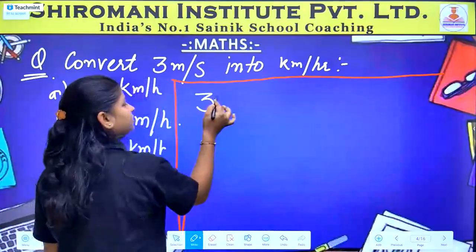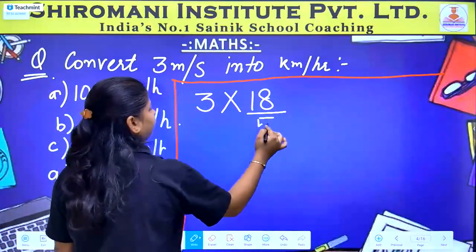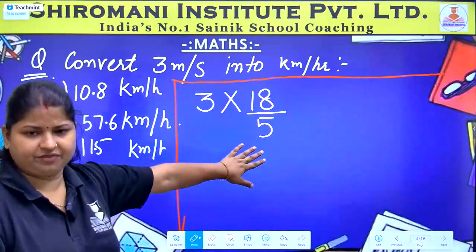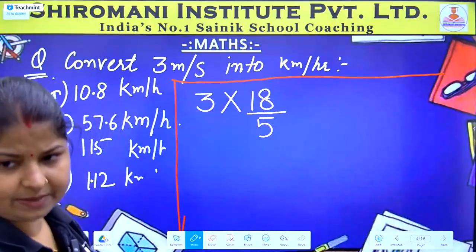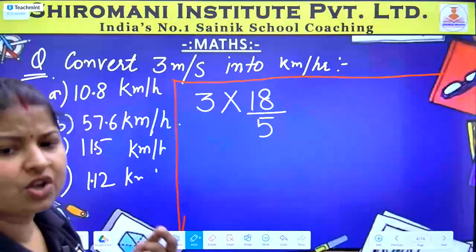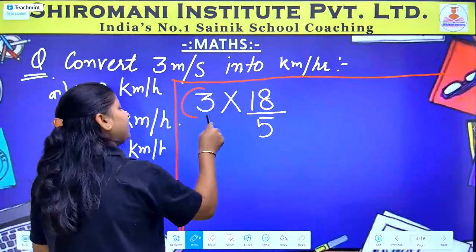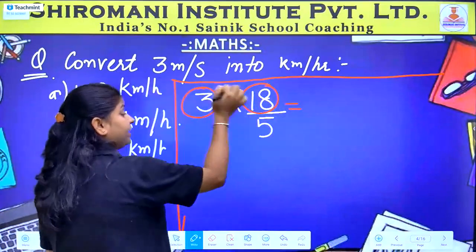What do I have to do? Simply multiply by 18 by 5, right? Now this 3 is not divisible by 5, right? If 3 is not divisible by 5, then what will I do? I will multiply the numerator by the numerator. So 18 into 3 is 54.